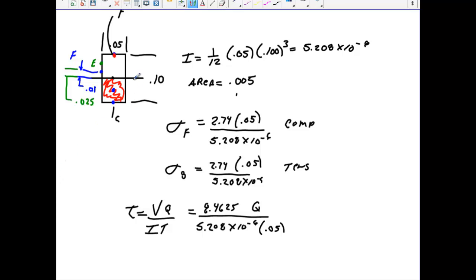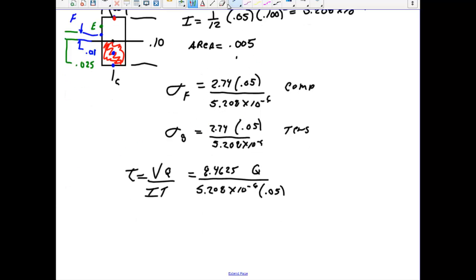So that would be 0.05 by 0.05, and then the moment arm from here to here would be 0.025. Okay, that would be max. That's how you get max shear stress.